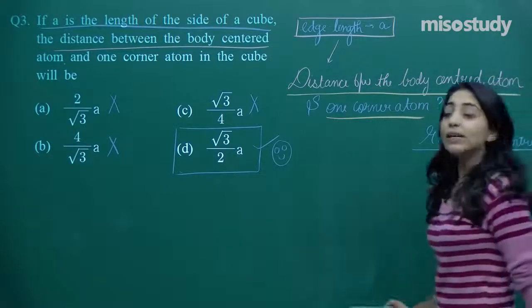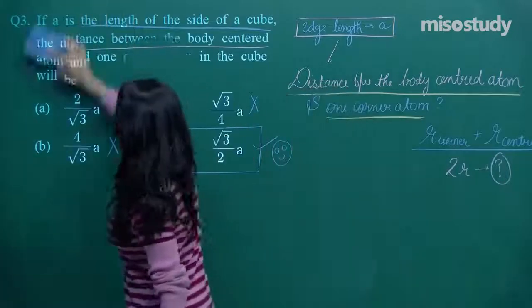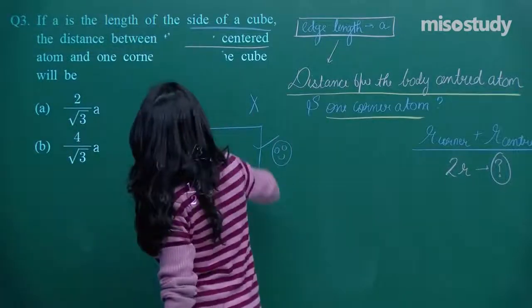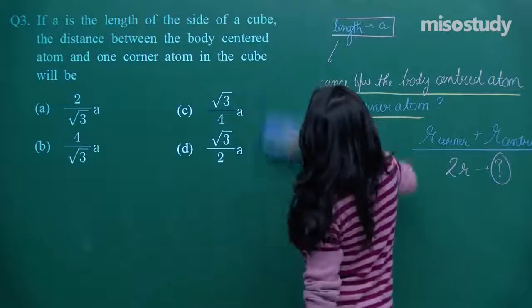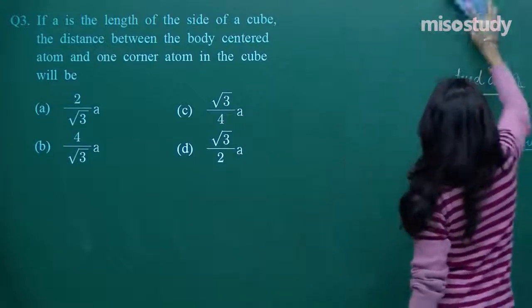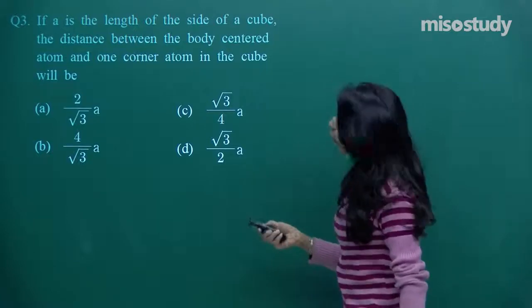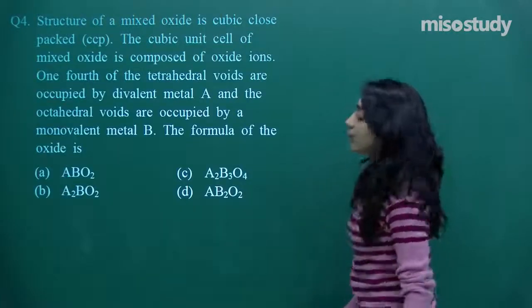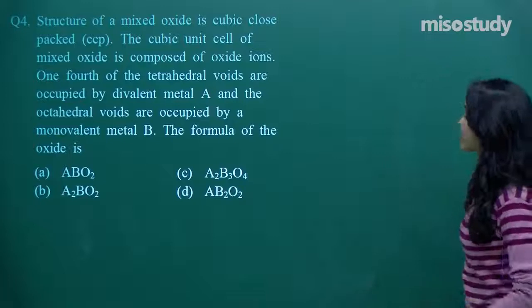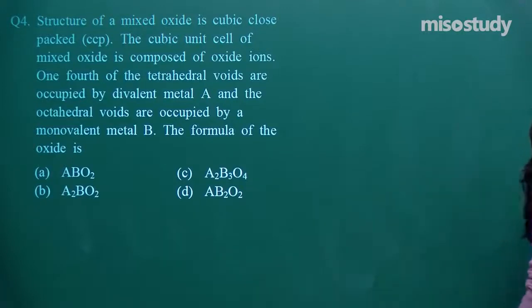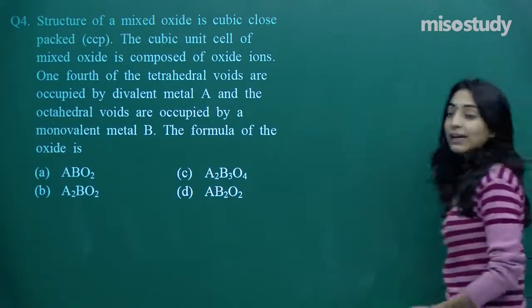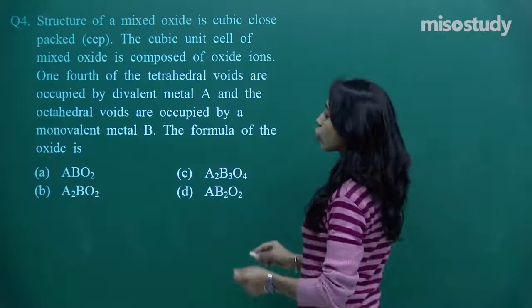Let us now finally come on to the 4th question. Okay. Moving on to the question. Oh, it's a big question, but let's see what the question says. So the question simply says that the structure of a mixed oxide is cubic close packed.